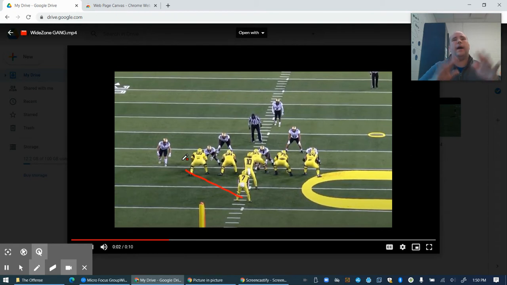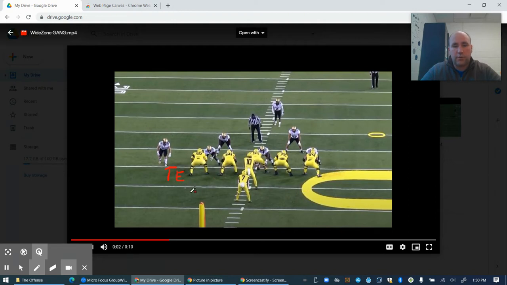Why that whole thing? Well, on your zone plays, the beautiful thing about them is that you can run them strong or weak. You can run them to a tight end and away from a tight end.